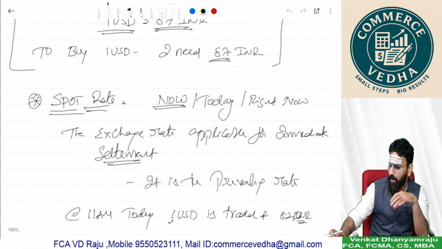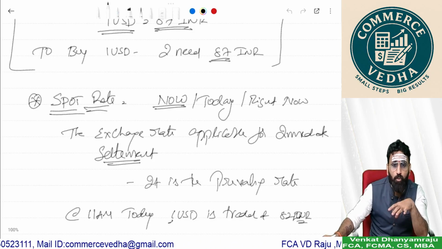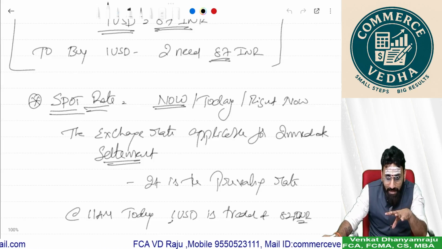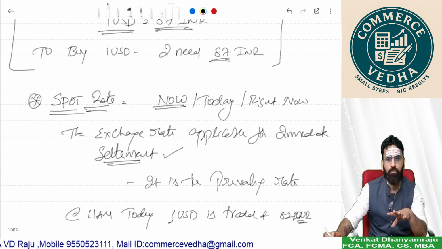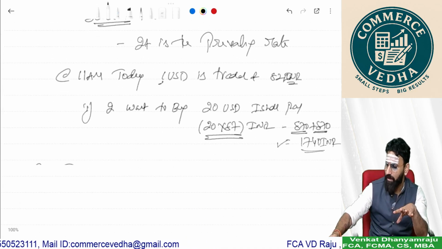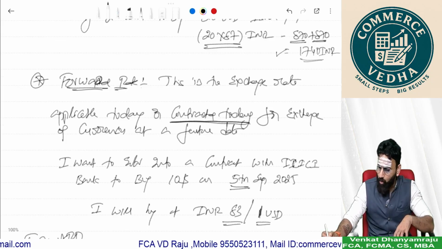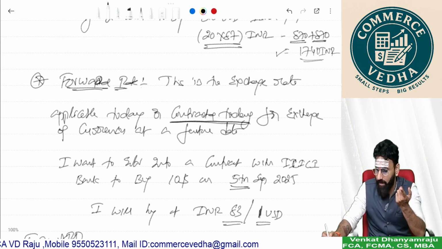I also explained spot rate, that is the rate if you want to enter or settle the transaction immediately. The rate applicable for immediate settlement is called spot rate, and forward rate is a rate applicable today but for a future trade.